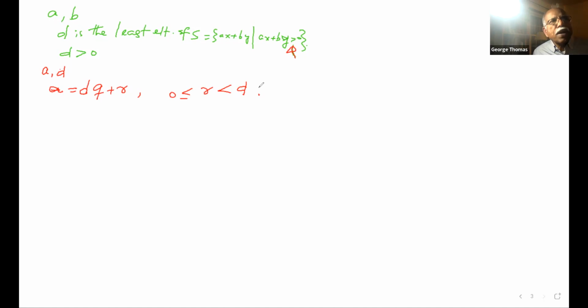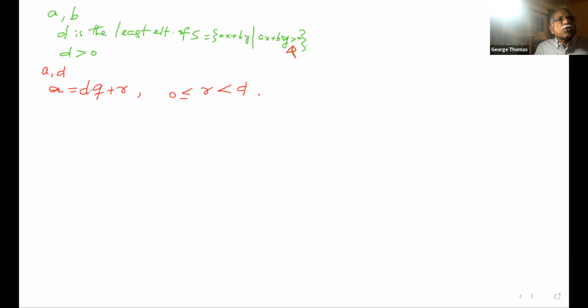Am I justified in writing like this? Where did this come from? If D is bigger than 0, and A may not be bigger than 0 but let us say it is not 0, then we can write A like that.